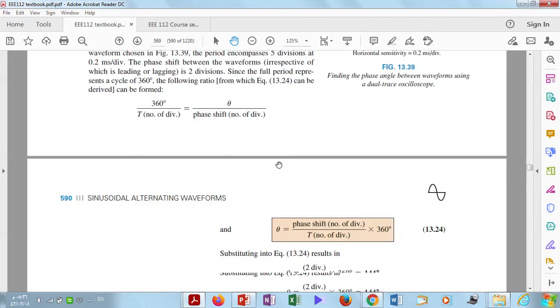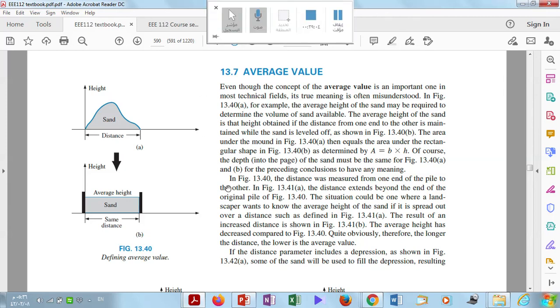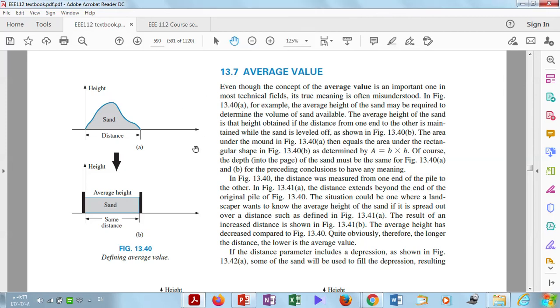Now we will go to another section. 13.7, average value. It's from the name, average. If you need to find the average for anything, for example, you win today 10 reals and tomorrow you win 20 reals.